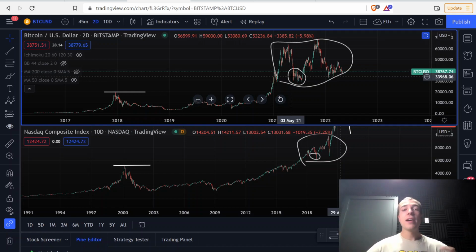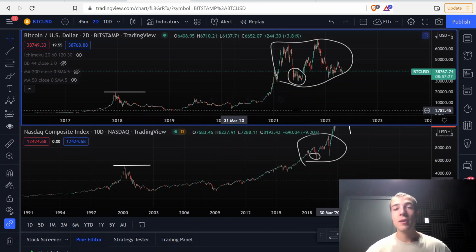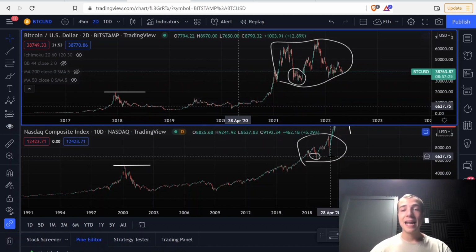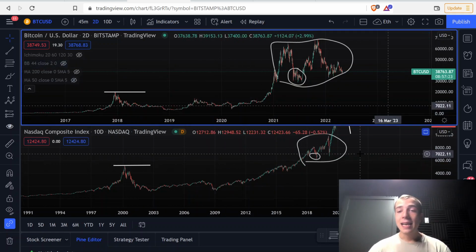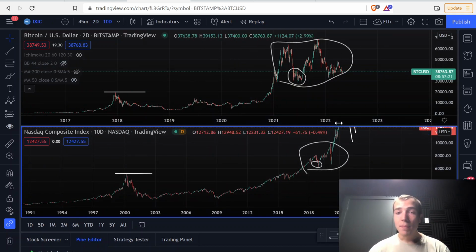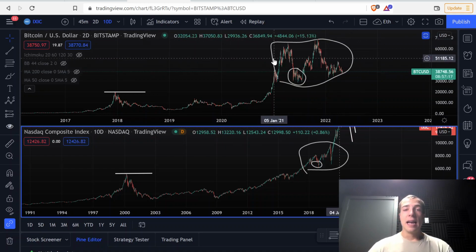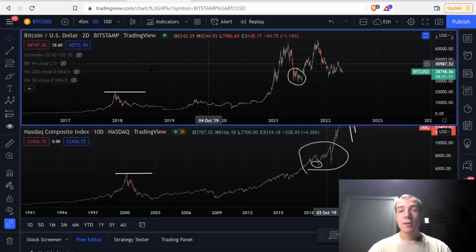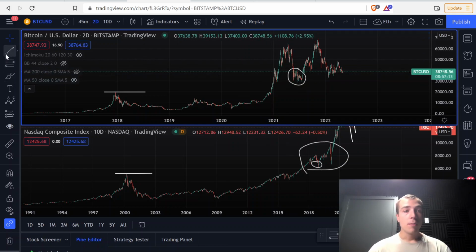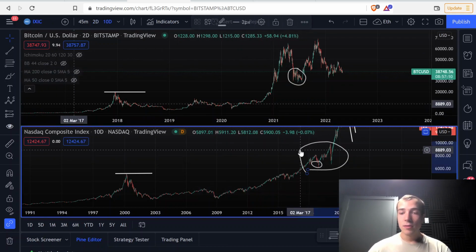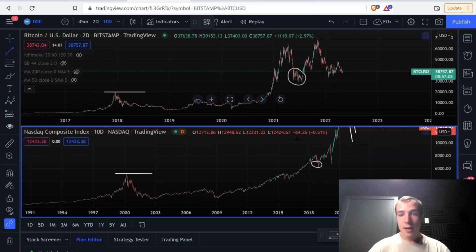So you guys, this is very, very exciting here with Bitcoin to see these similarities to the NASDAQ. You can see that the NASDAQ saw a huge climb up out of that area, a very large climb. And I expect Bitcoin to do the same thing. The NASDAQ obviously broke above its resistance level, which was right here.